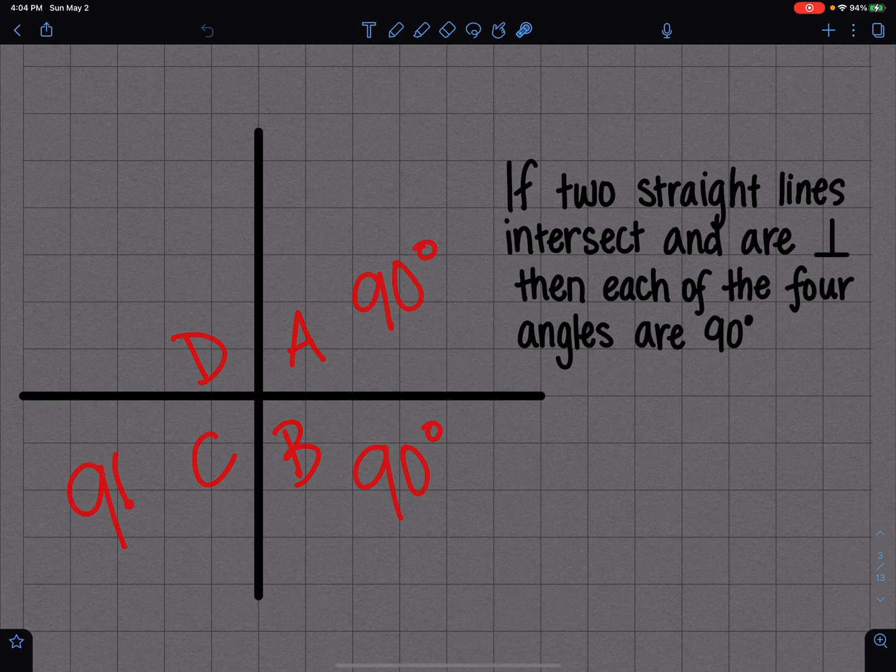If the lines are perpendicular, the angles are going to be 90 degrees. They also point out that instead of writing out the word degree, you can just write that little circle above the number. I know that you already know that. Yeah, that's it for that.